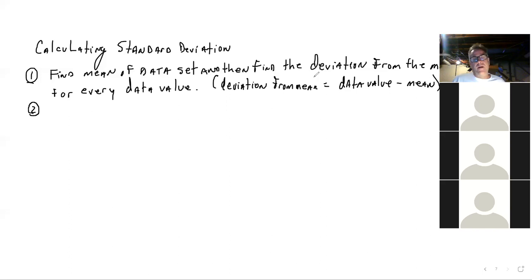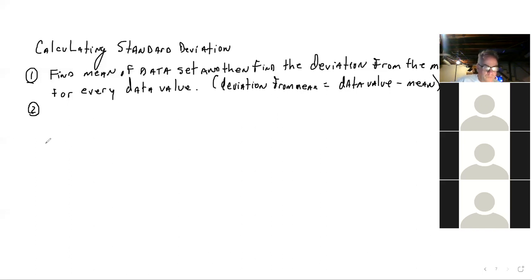So to take care of those negative deviations from the mean, those data values that were smaller than the mean, I'm going to square every single deviation. If you multiply a number times itself, the result's going to be positive in every case.